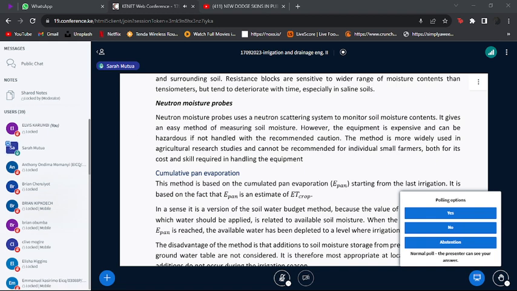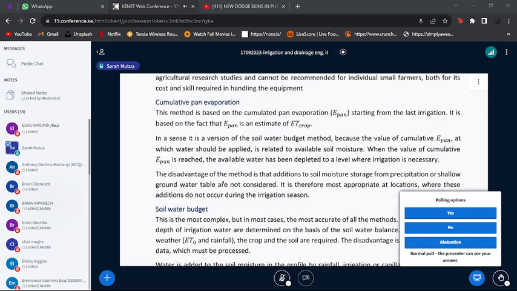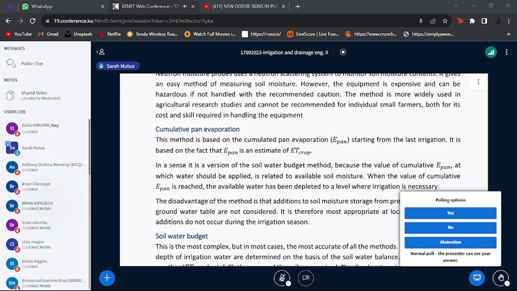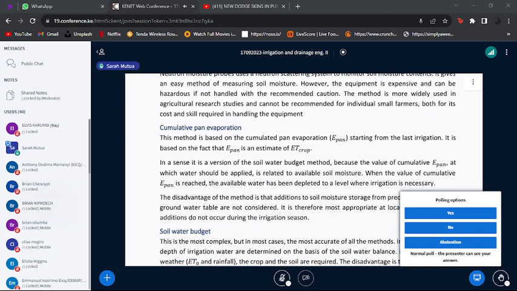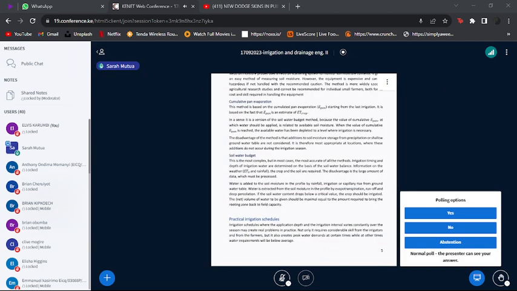Let us take about 10 to 15 minutes, and when we come back, we will continue with real-time, or practical, irrigation scheduling.